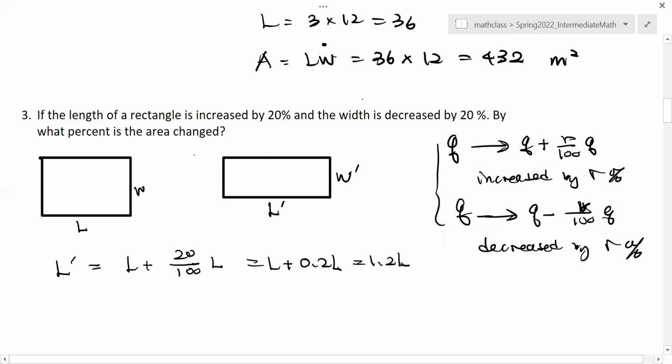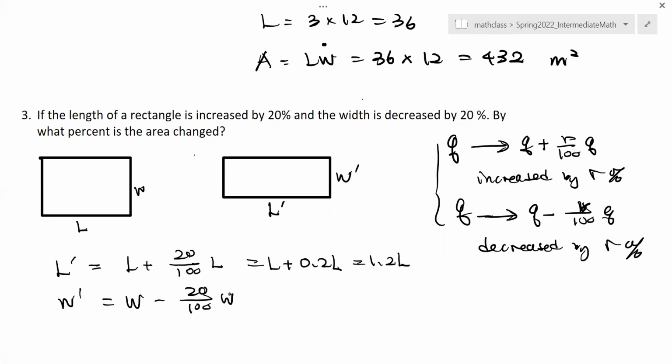That's the relationship between the new length and the original length. The width is decreased by 20%, so you subtract this quantity 0.2 times W. Now you will get W minus 0.2W.